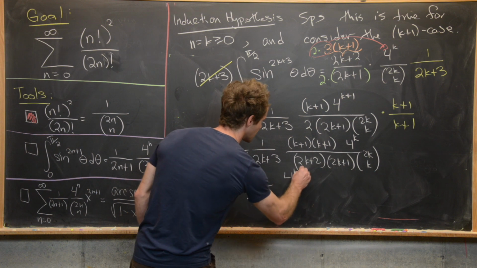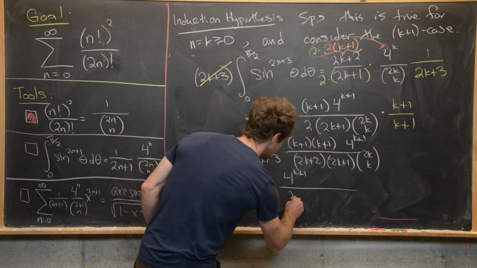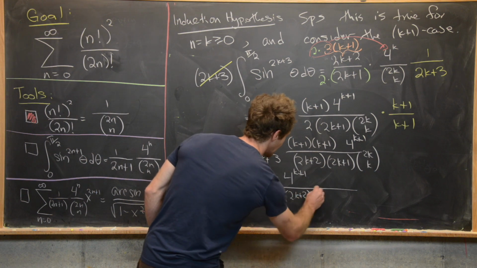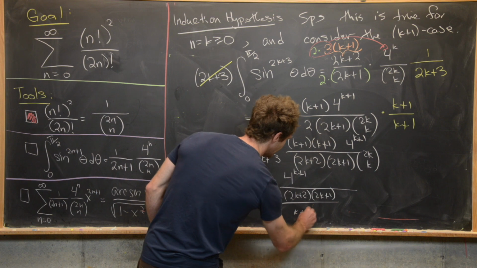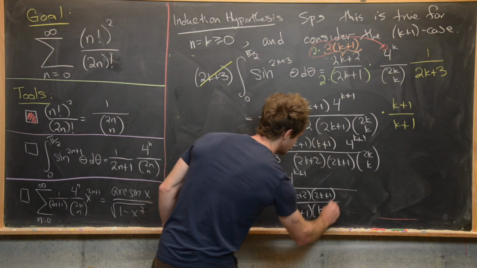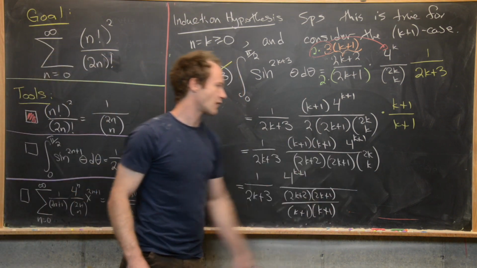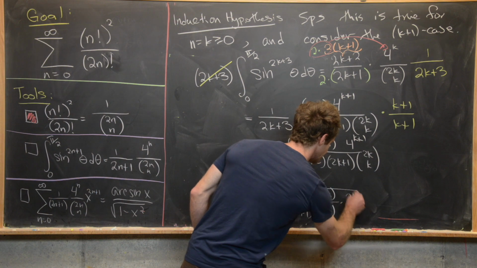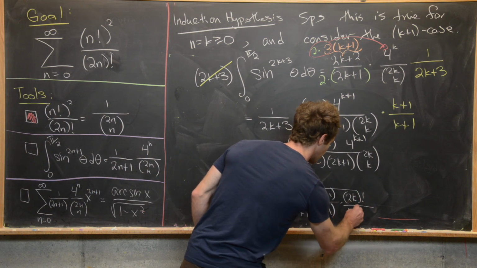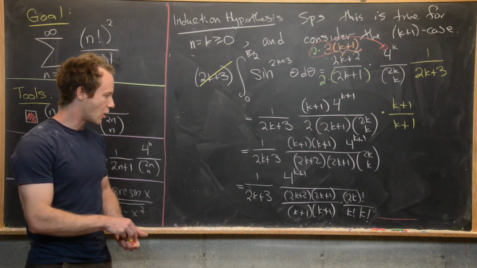Then we have 4 to the k plus 1 all over 2k plus 2 times 2k plus 1 all over k plus 1 times k plus 1. Great. And then the next thing that I'll do is rewrite my binomial coefficient. So that binomial coefficient is 2k quantity factorial over k factorial k factorial. But now we're home free.